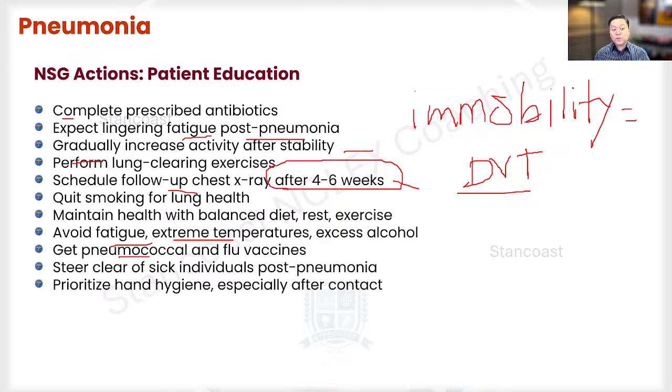Now, as we recap the discussion on pneumonia, in pneumonia care, nursing will have to prioritize regular assessment of the vital signs, the respiratory status, the delivery of oxygen, and also checking the patient's saturation levels in order that we can monitor for any progression or deterioration.